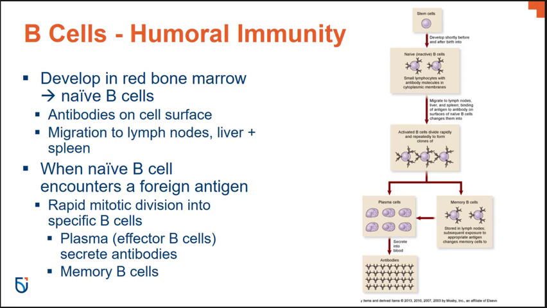Also called effector cells, memory B cells do not secrete antibodies, but if they're later exposed to the antigen that initially triggered their formation, then they will rapidly divide in order to produce more plasma and more memory cells.